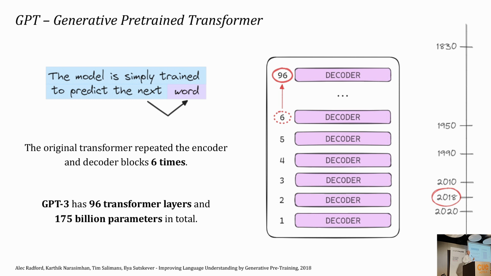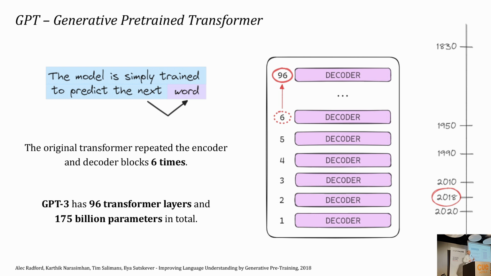It is generative because it generates text. It is pre-trained on massive amounts of data, and it is a transformer model consisting only of the decoder part of the original transformer. So the only aim of this GPT model is to predict the next word in the sentence, only one word.